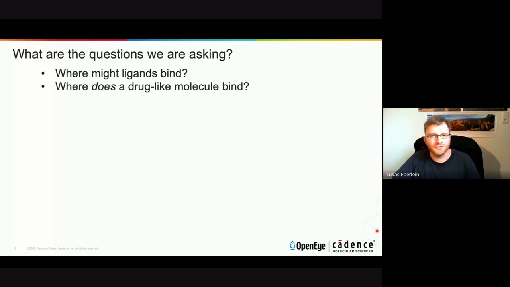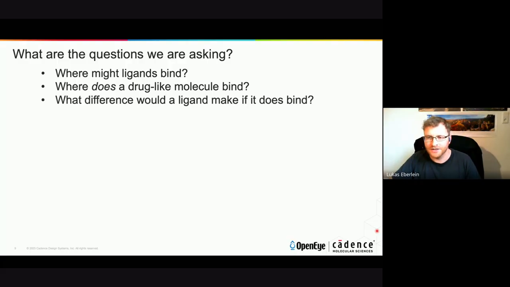And then you refine the question down to, where would a drug-like molecule typically bind? This is really where you want to start a structure-based drug design campaign, using a pocket where you know a molecule would actually bind to. And finally, what happens if a molecule binds there?